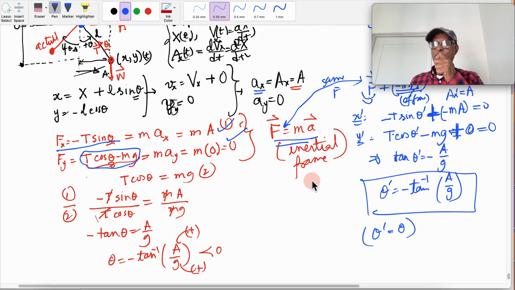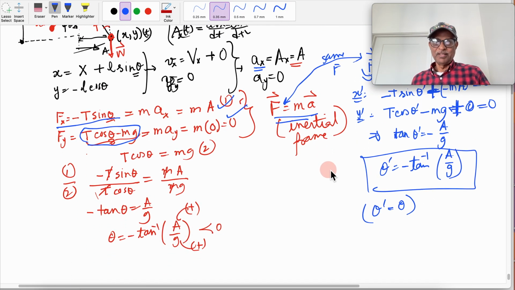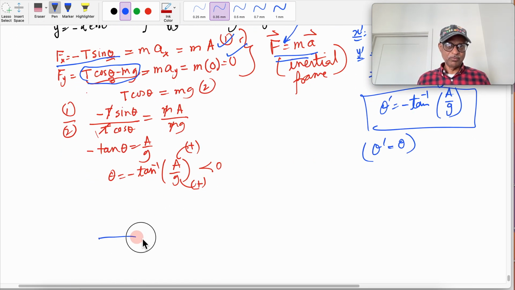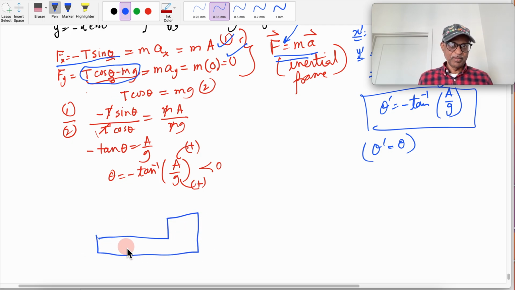So whether you observe sitting on the bed of the truck, say you are observing from here, you say, hey, this thing is going with A, and you see that theta.